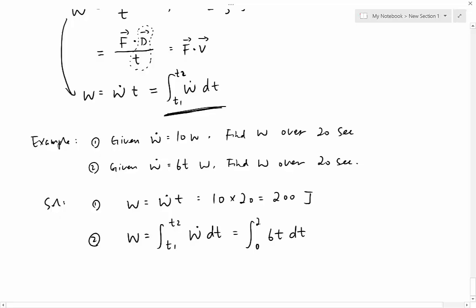Upper limit, 20 seconds. So our solution is integral 6t, what is that? 3t squared from 0 to 20. All right, so again, our solution will be 1200. And what is the unit? Because we used SI unit for everything in our calculation, our solution must also have a SI unit, which is joule. Okay, so that's one very simple example for calculating work.